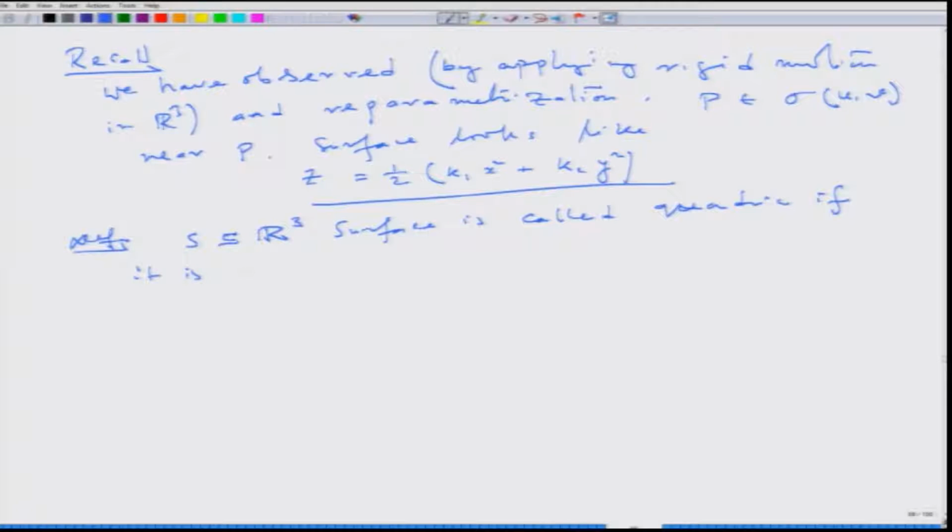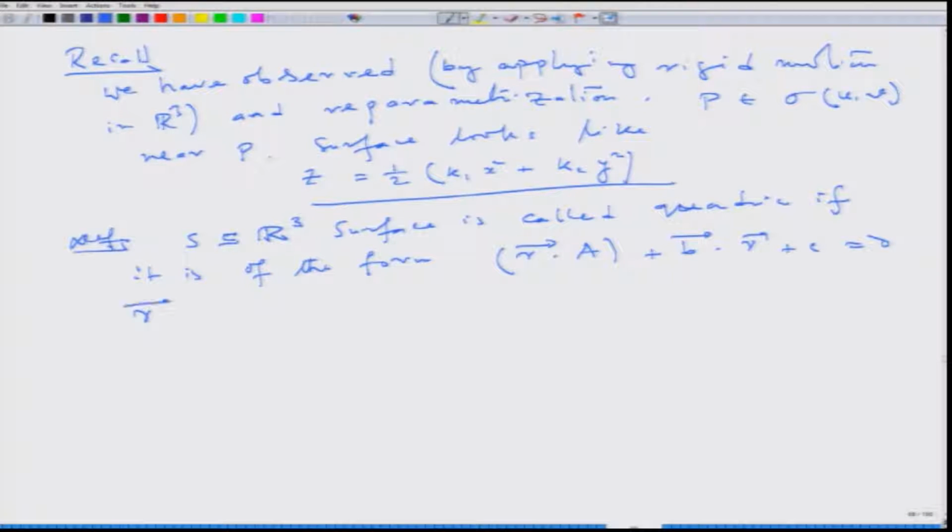Okay, let us say it is of the form... What does it mean?